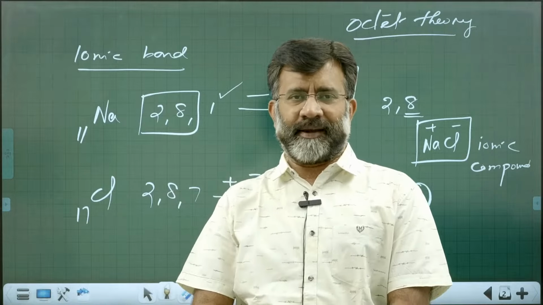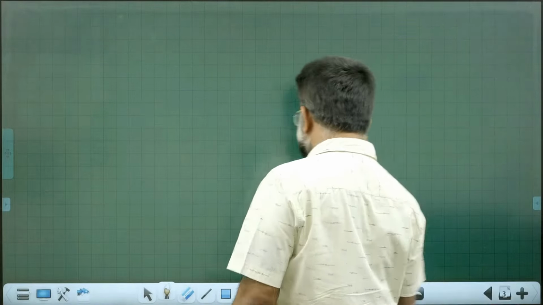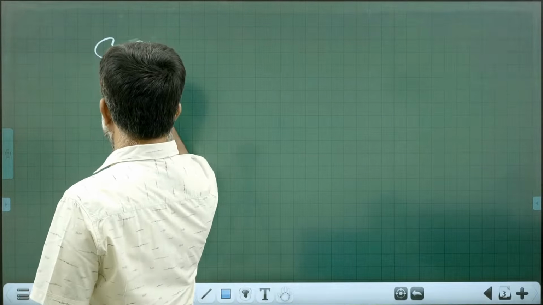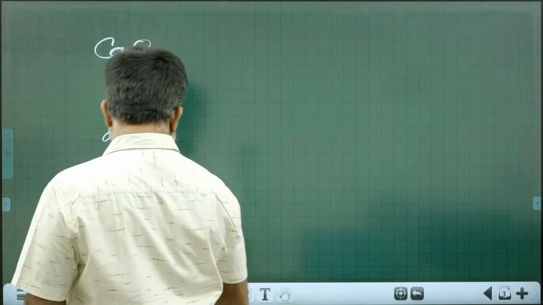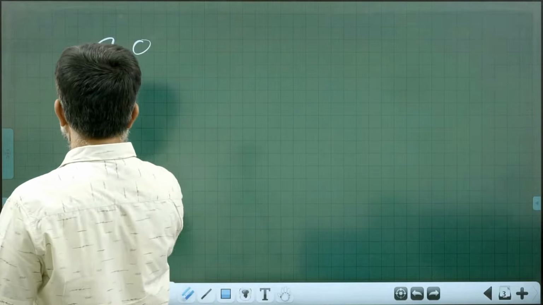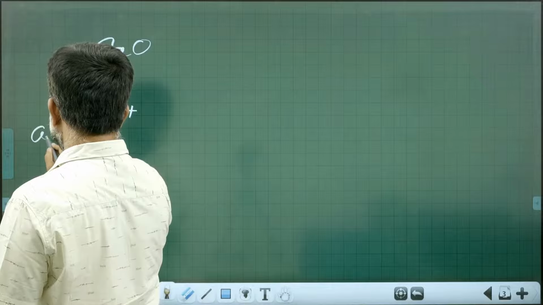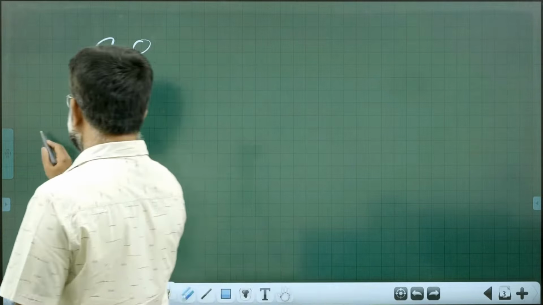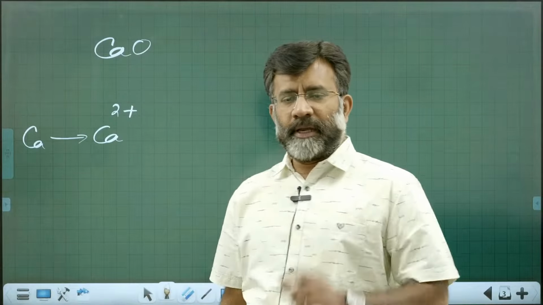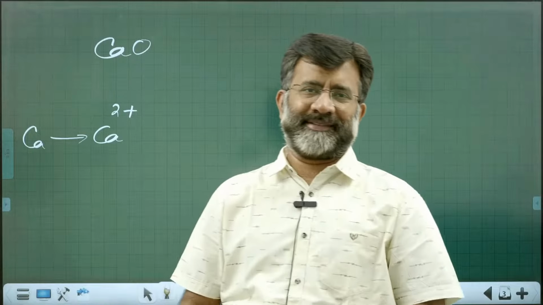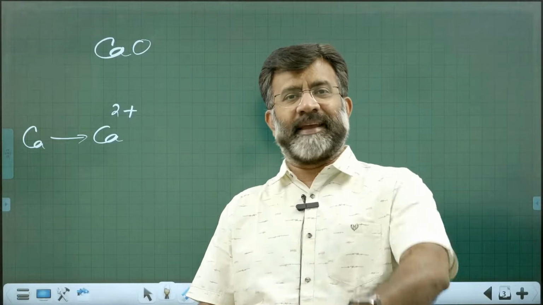Not necessarily always one electron, it can be 2 electrons. For example, if you take calcium oxide, the calcium atom is converted to Ca2+ by losing 2 electrons, and thereby it gets an octet.